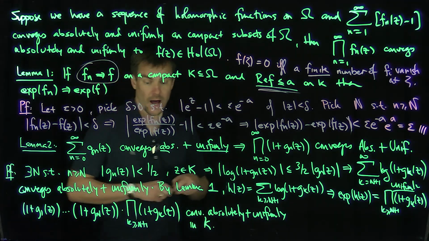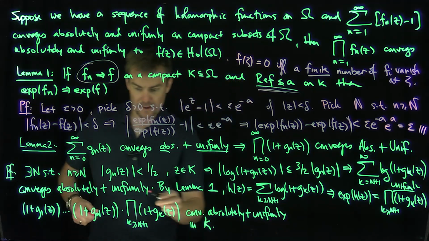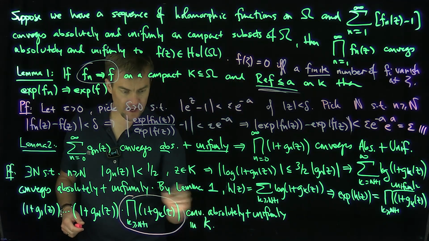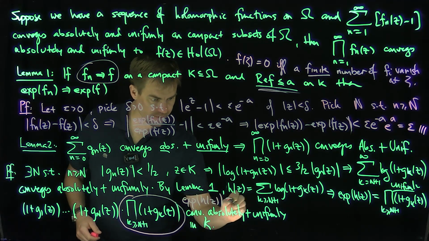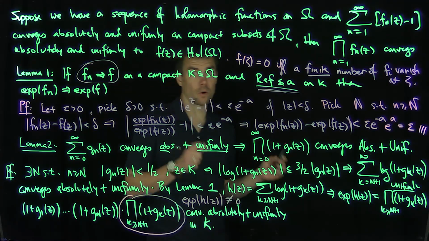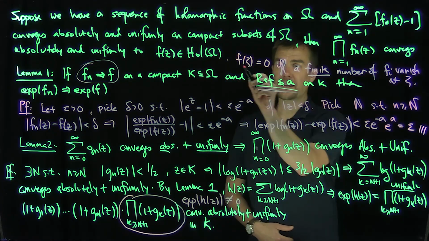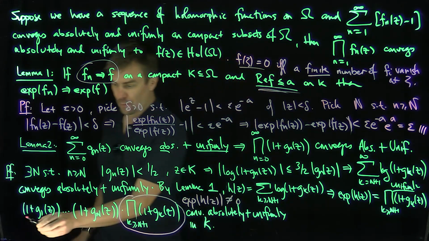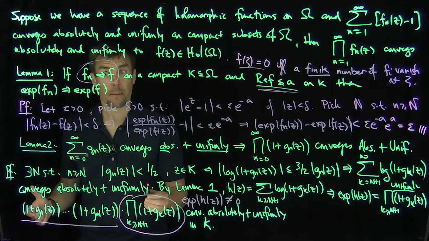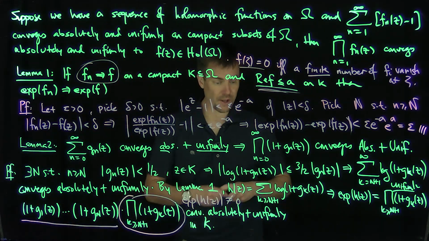And moreover, I know that this term over here is the exponential of h of z. And the exponential of h of z is never equal to 0, right? Which means that the only way there can be a 0 of this function over here, the product, is if the root occurs over here, a finite number. Perfect, right? And so that proves the theorem.